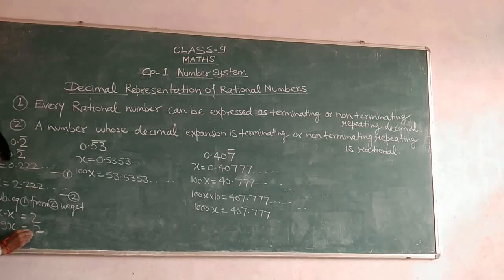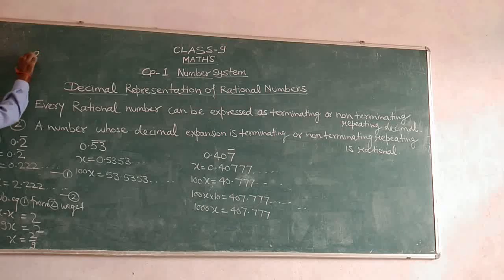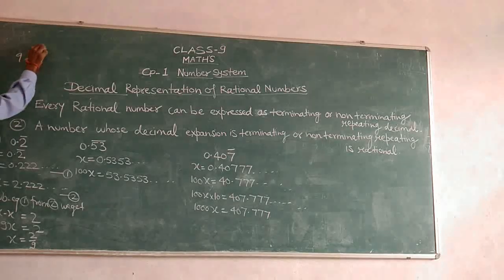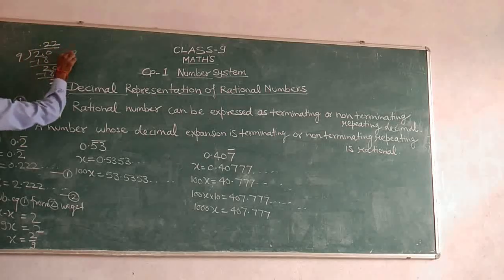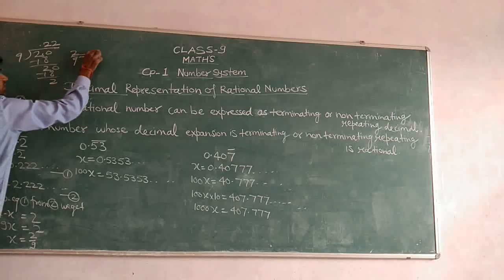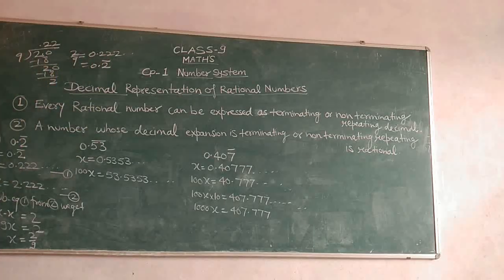When we divide 2 by 9, we get 0.222 and so on, or 0.2 bar. So this non-terminating decimal changes into the rational number 2 upon 9.